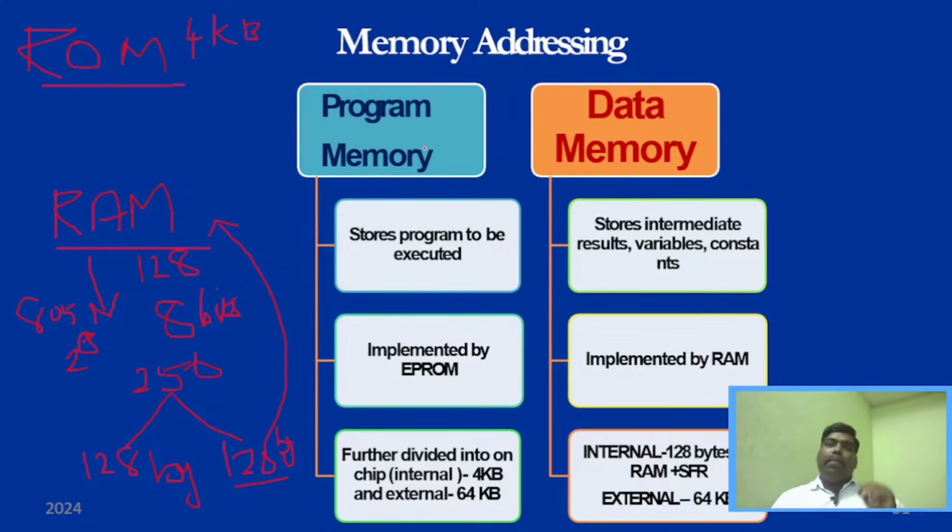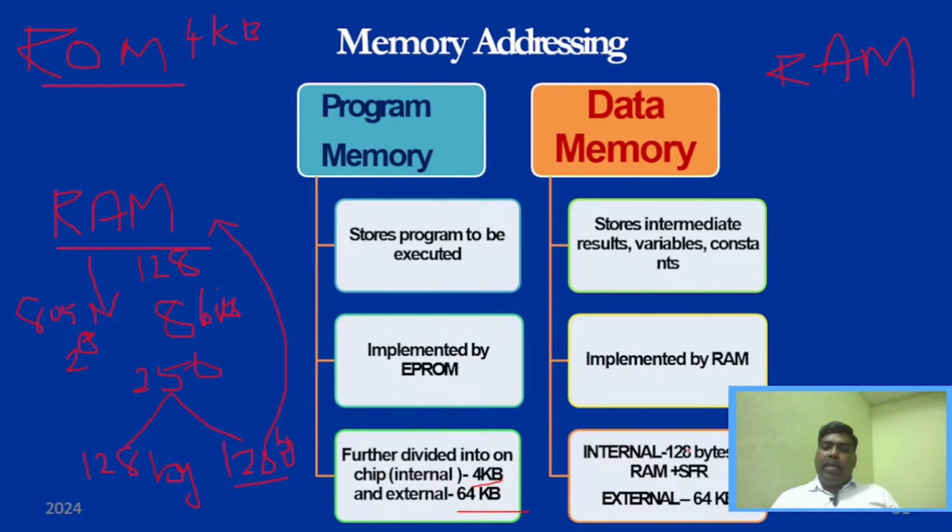When you say program memory, all the programs will be stored in ROM. Whenever we say ROM in 8051, we have on-chip ROM, that is internal memory, of 4 kilobytes, which can be extended up to 64 KB. That is the external memory. Similarly, data memory is RAM, so in order to save data, we go for RAM.